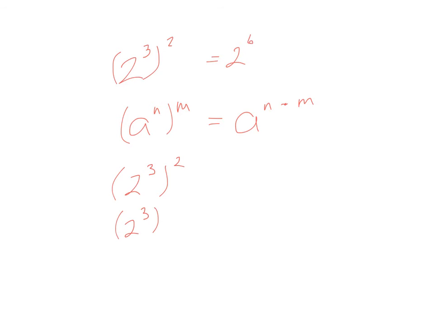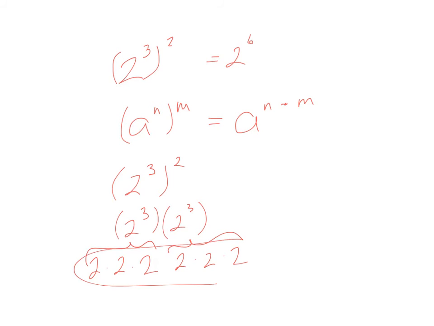The other set would be 2 to the 3rd. So this is going to be 2 times 2 times 2. That's from here. And this set would be 2 times 2 times 2. All in all, what do we have here? This is 2 to the 6th. So just a shortcut that tells us when you have an exponent and then a parentheses and another exponent, you simply just multiply them.